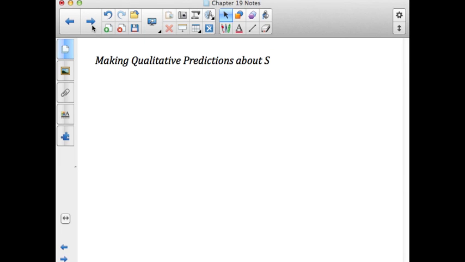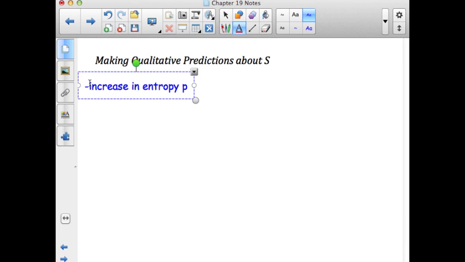All right, you can make qualitative predictions about delta S or about S. Okay, an increase in entropy parallels an increase in temperature, volume, and the number of particles that move.